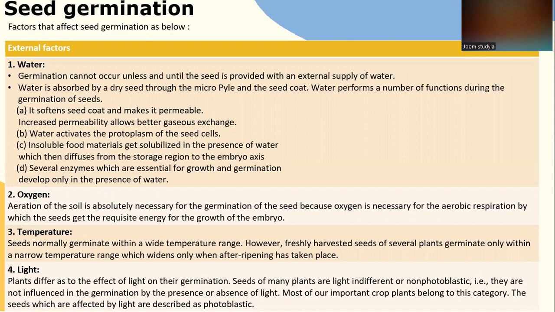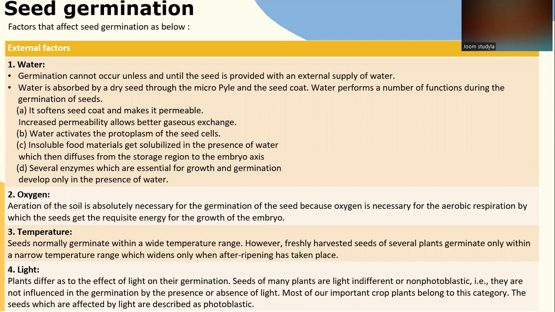Second is oxygen. Why might oxygen affect seed germination? Aeration of the soil is absolutely necessary for germination because oxygen is necessary for aerobic respiration, by which the seed gets the requisite energy for the growth of the embryo.